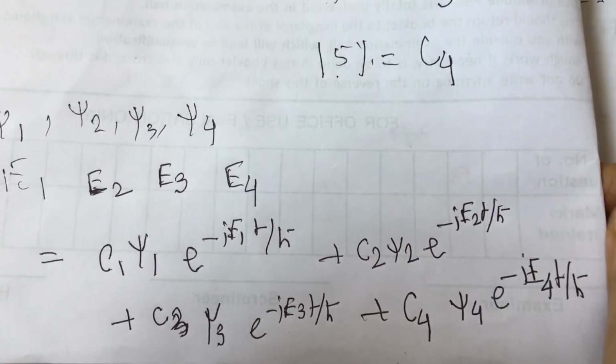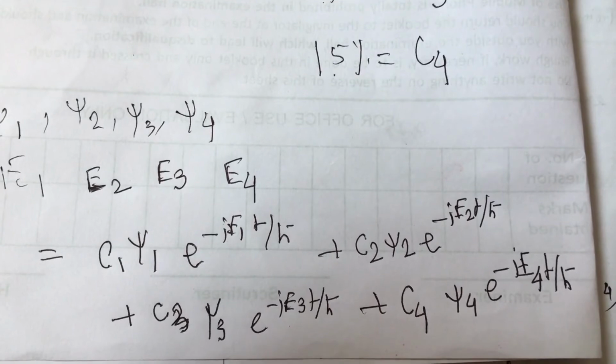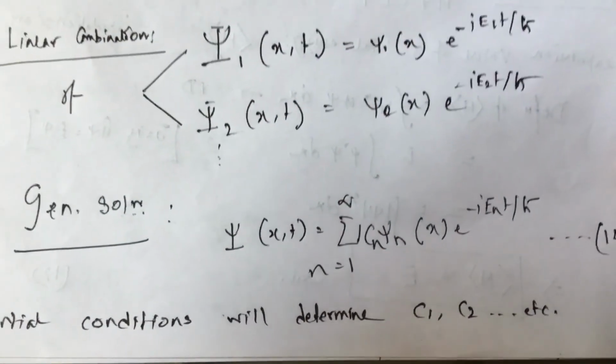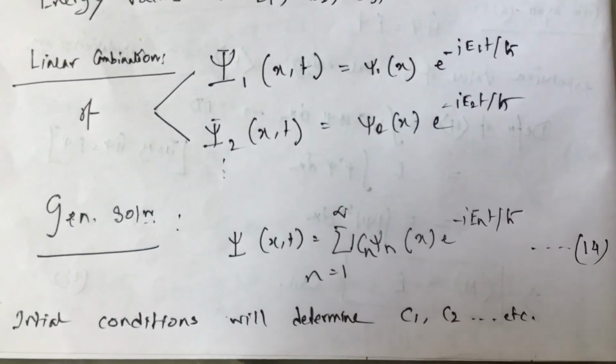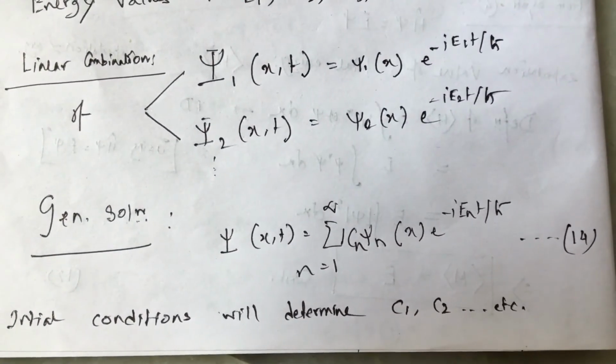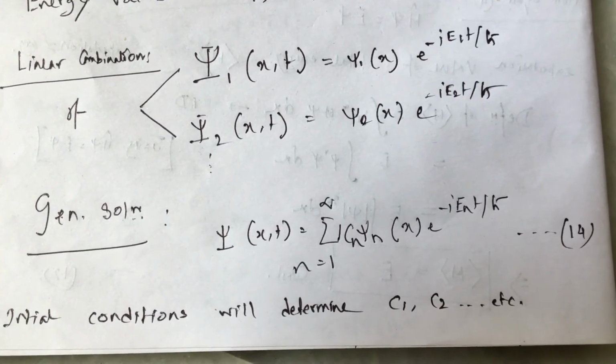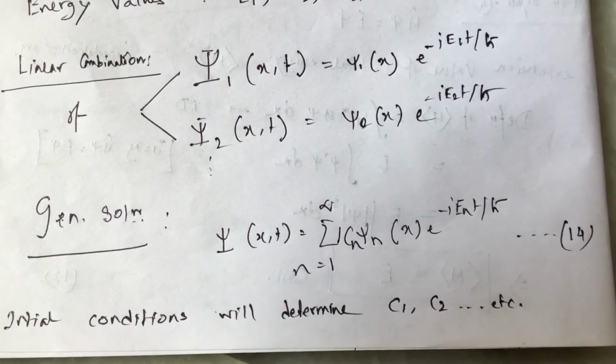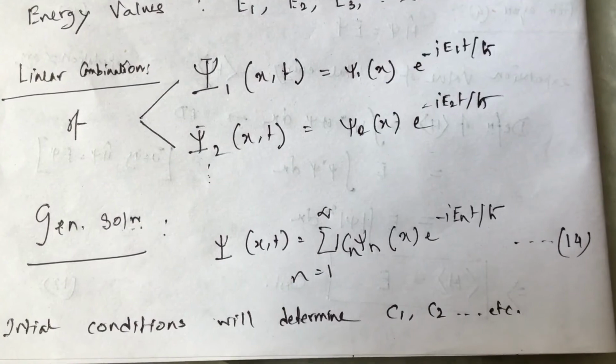This is actually what we mean by evaluating the coefficients. And the boundary condition of the problem, that is the initial conditions, will be helpful in determining these constants. We'll do that.